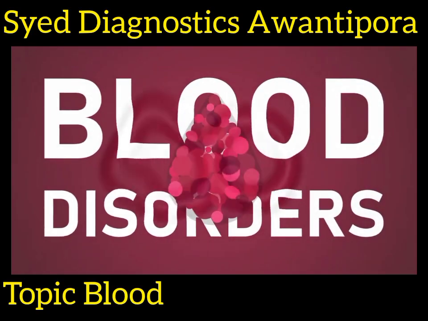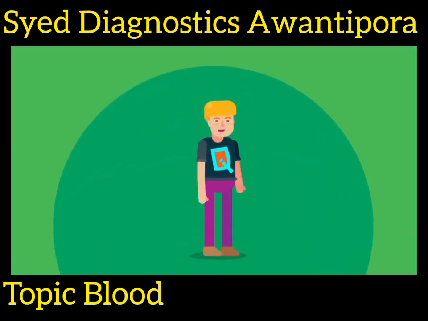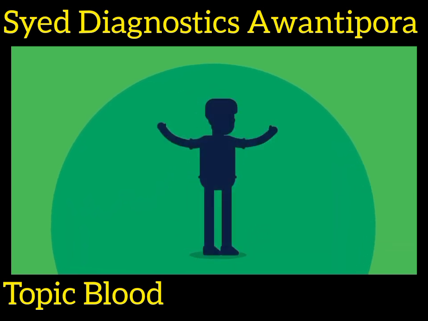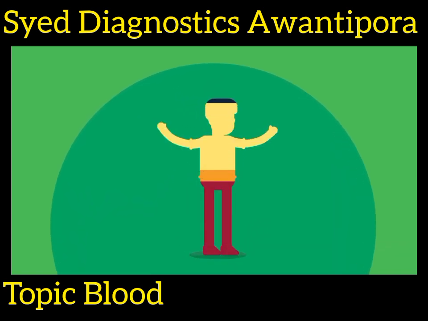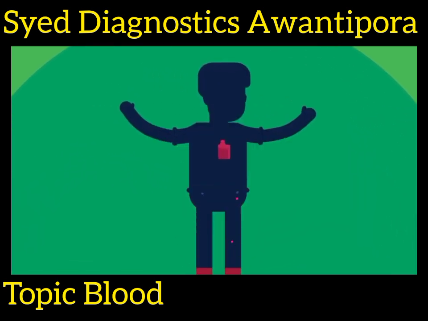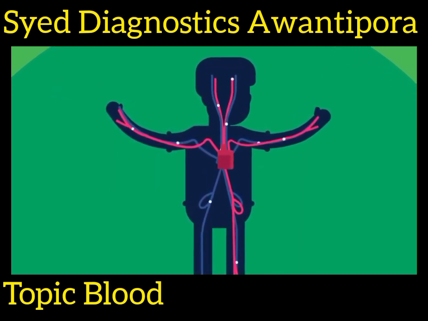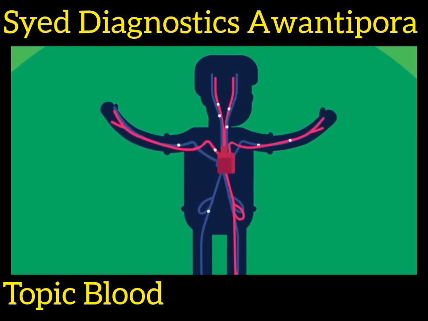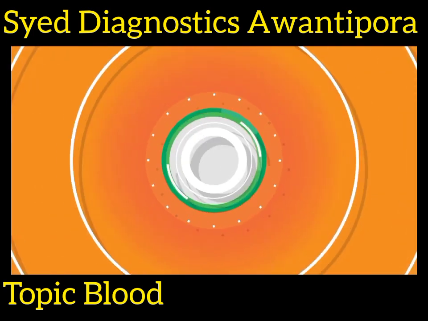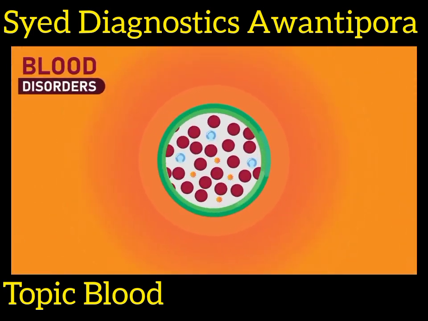Blood disorders. Before we study about blood disorders, we must know the composition of blood in a healthy individual. Blood is a body fluid in humans and other animals that delivers necessary substances such as nutrients and oxygen to the cells. In vertebrates, it is composed of blood cells suspended in blood plasma.